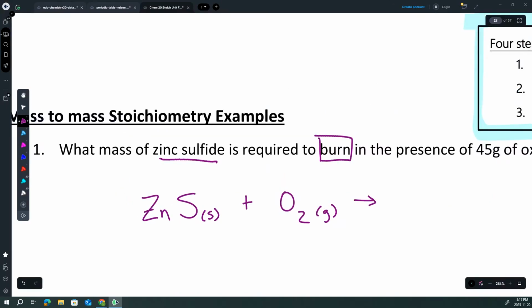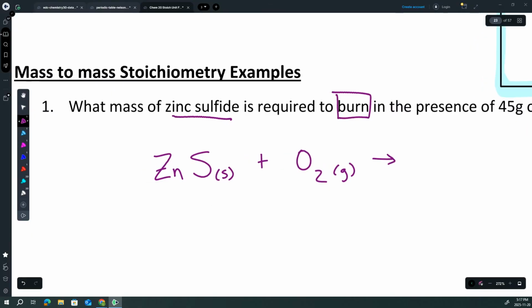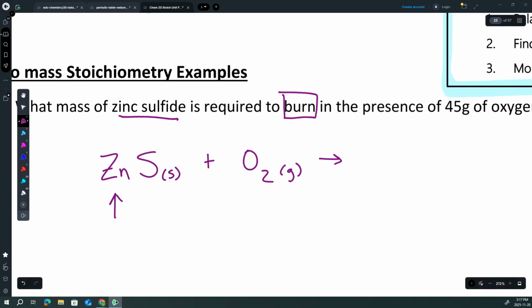Now for predicting our products, for combustion reactions, you've got to imagine that oxygen just reacts with each element individually in your compound here, and creates the most common oxide with that element. So the first one I'm going to do is zinc oxide.